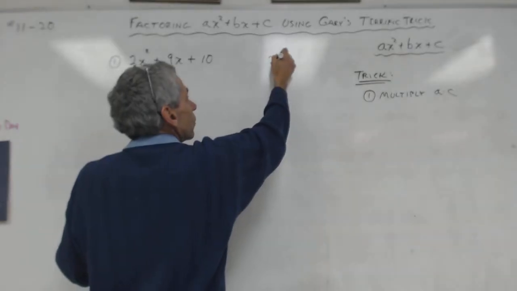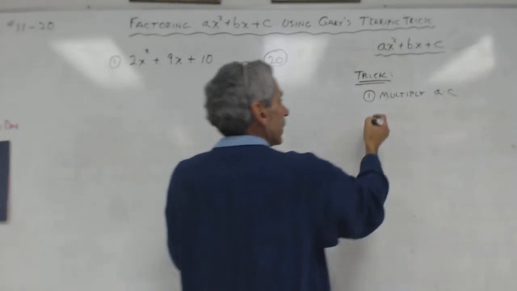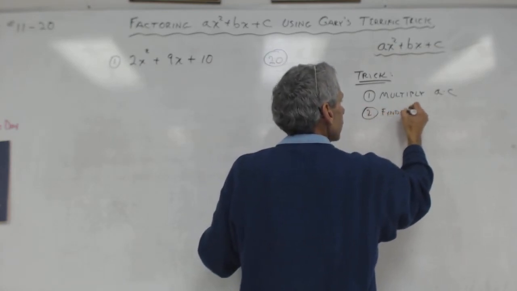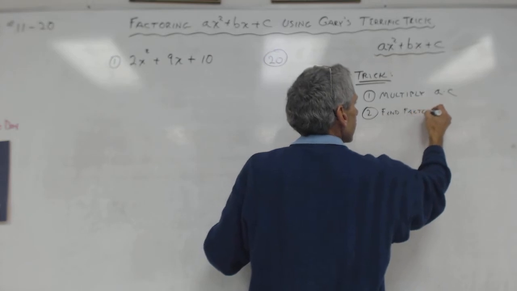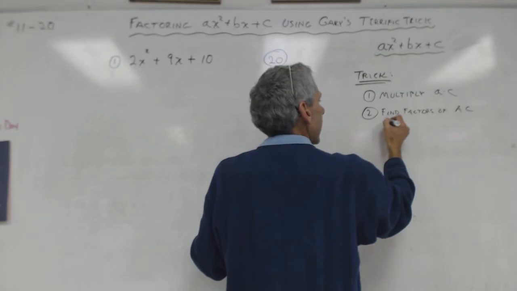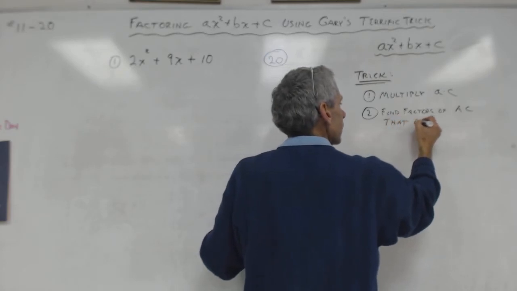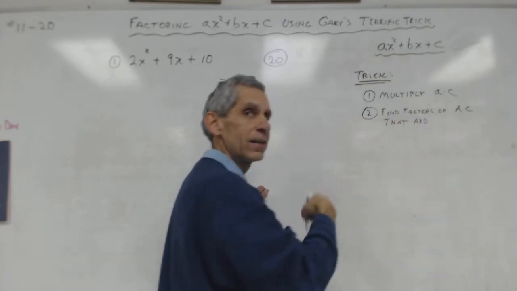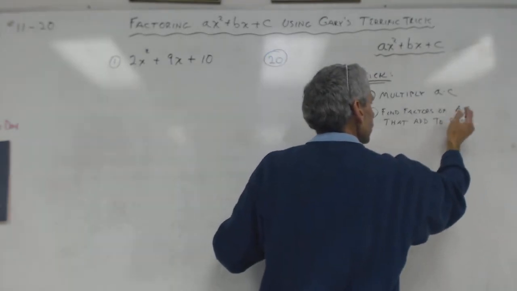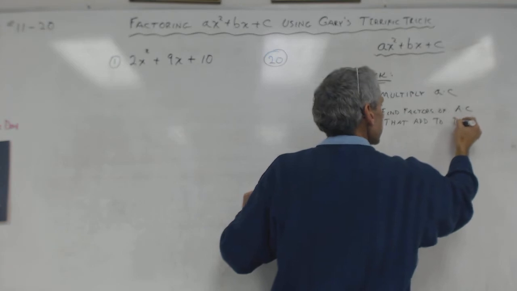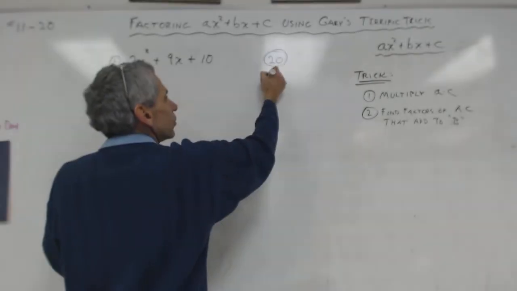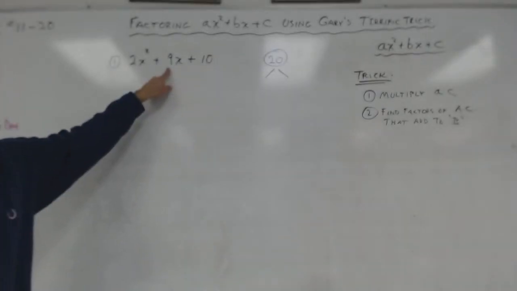I'm going to write 20 over here and circle it. Step 2: find factors of a times c that add to b. Now it's starting to sound like that first easy method. So I've got to find factors of 20 that add to 9.